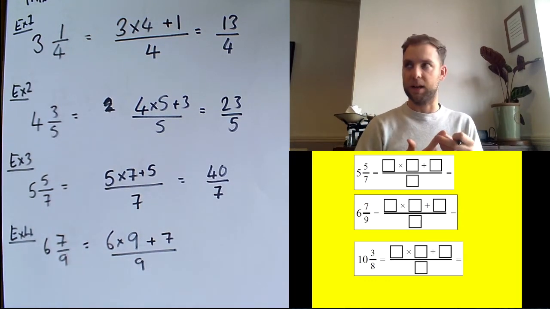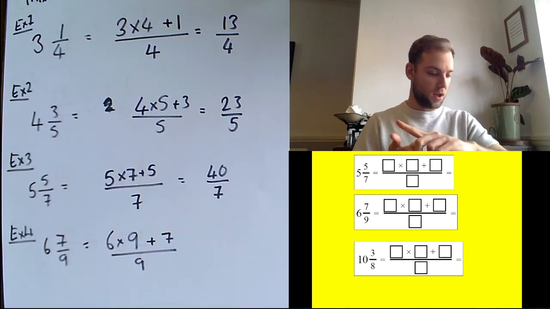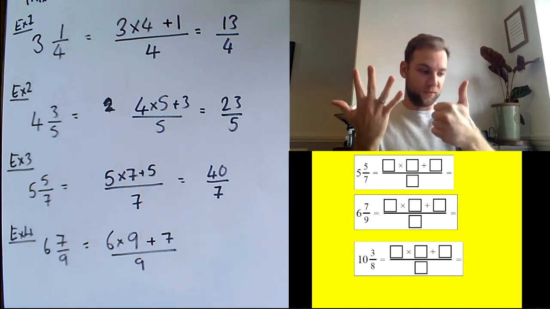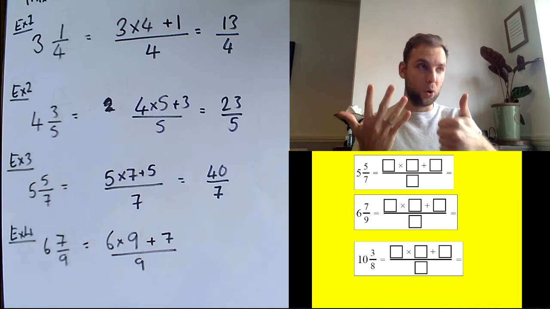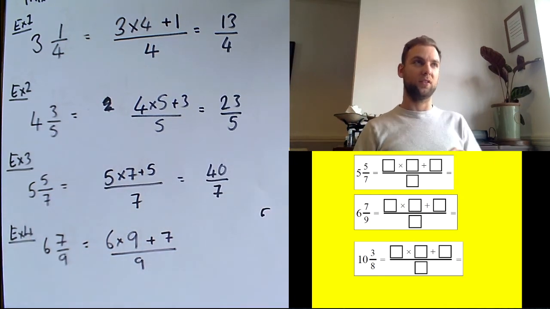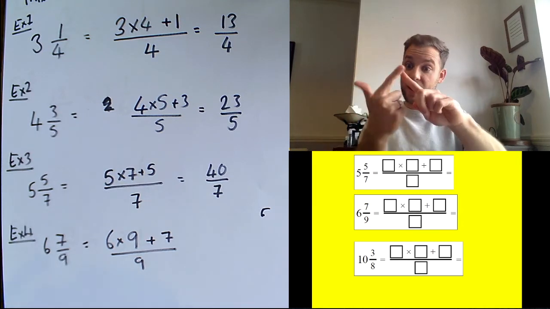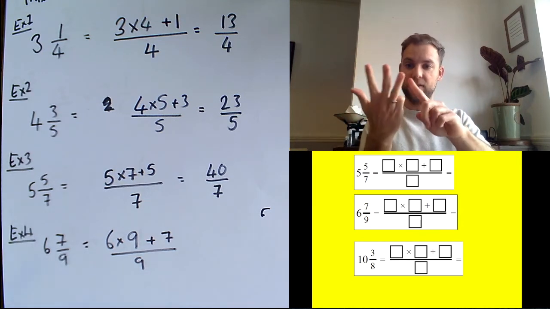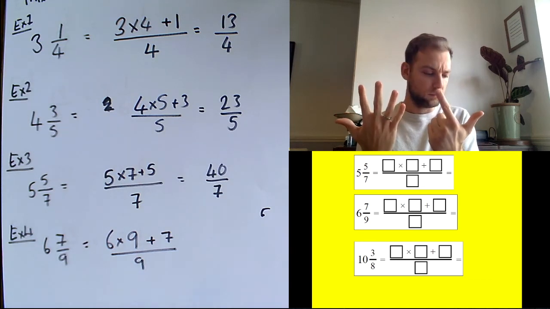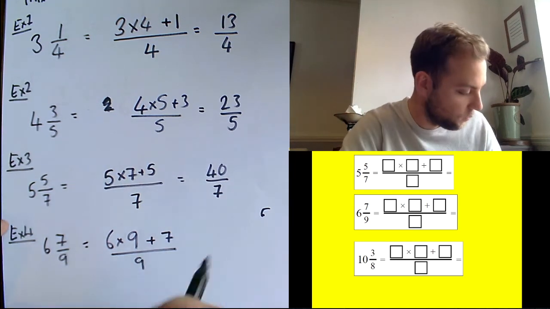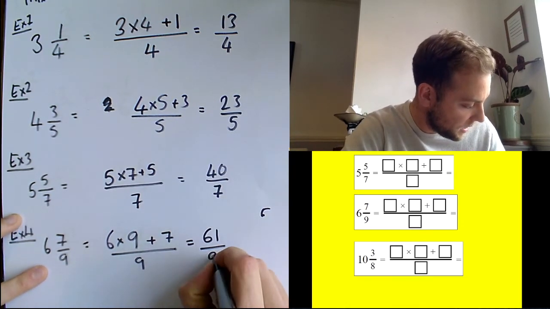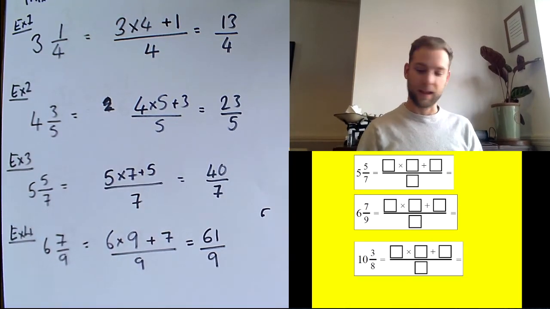So 6 times 9 is 9, 18, 27, 36, 45, 54. 54 plus the 7, let's just make sure I'm getting that right. 54 plus the 7, 55, 56, 57, 58, 59, 60, 61. Yeah, 61. So 61 over 9, like so. Brilliant. And that's example 4.